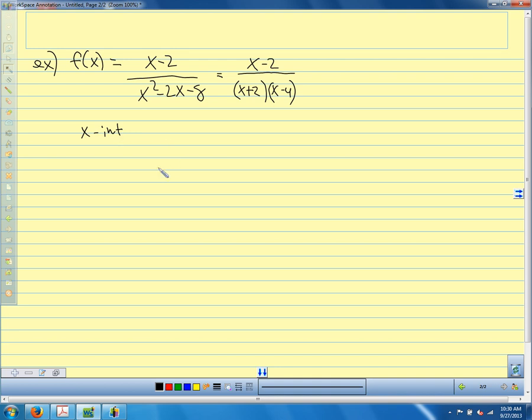What's going to be our x-intercept? 2. x equals 2. Y-intercept, what do we do to get the y-intercept? Plug in x equals 0. When I plug in x equals 0, I get negative 2 over negative 8, or y equals 1/4.